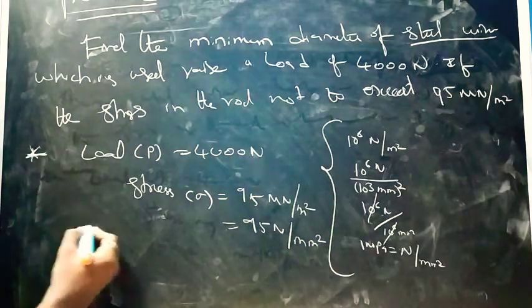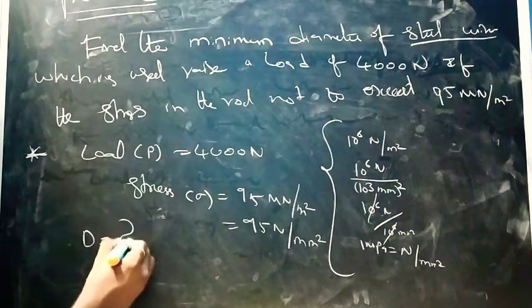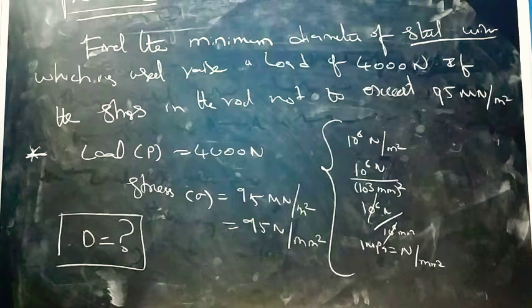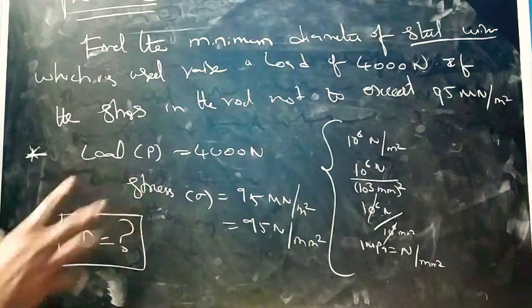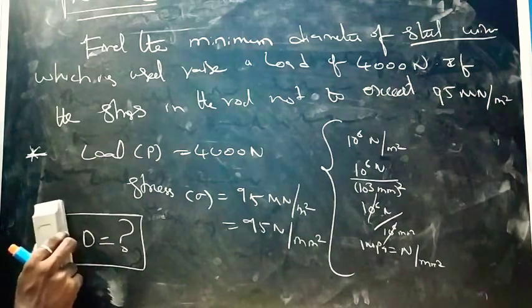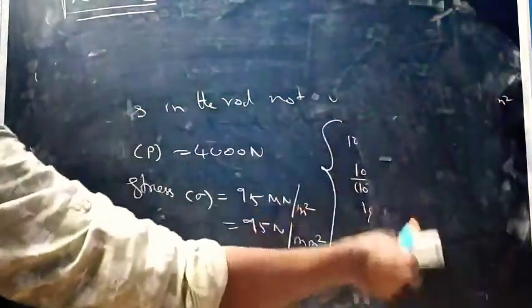Right? So now the diameter is not given, so we have to find it. Diameter is a question mark. We know the area will be pi by 4 d square.